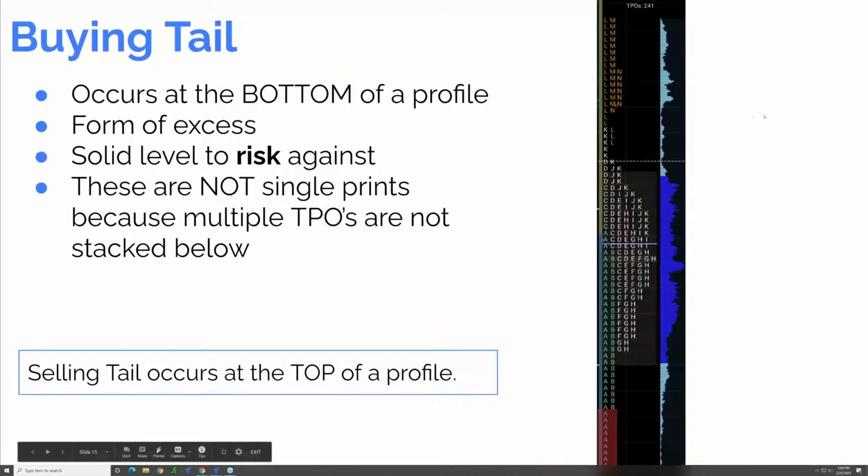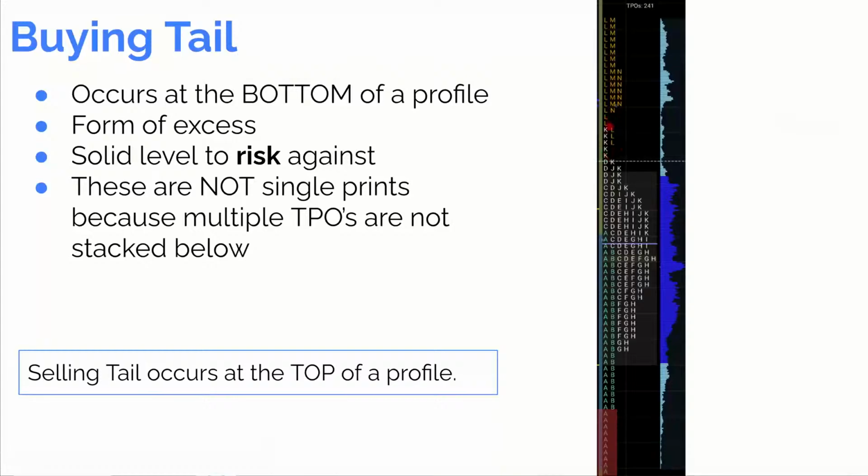Single prints, as you have here in K and L, are single prints because you've got multiple TPOs above and below. Down here, we just have them above. There's no trading below A. That's why it's considered a buying tail. Hopefully that makes sense.